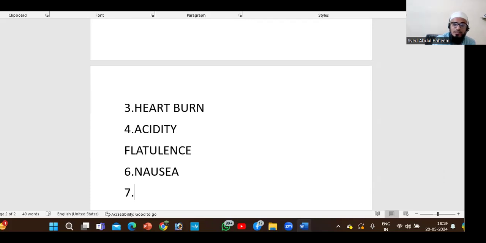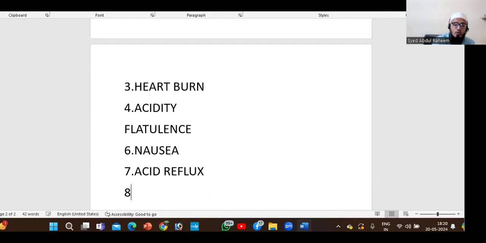Next, the seventh one is clinical features. The patient will tell you sometimes water in the mouth, acid reflux, and sometimes constipation.